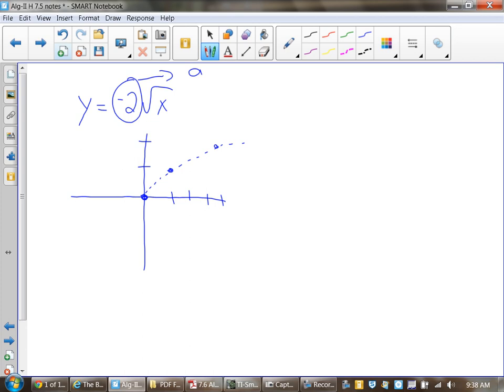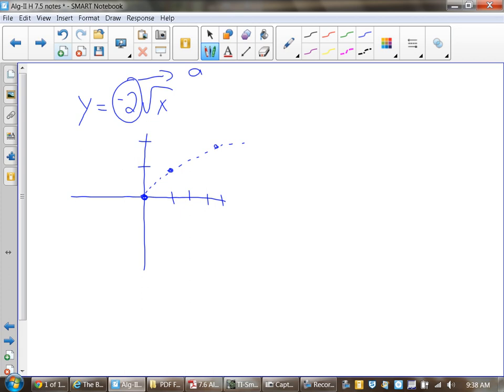Now, if I take those values and I'm going to shift them just by an a value, let's start with this. When it's at 0, what's the square root of 0?